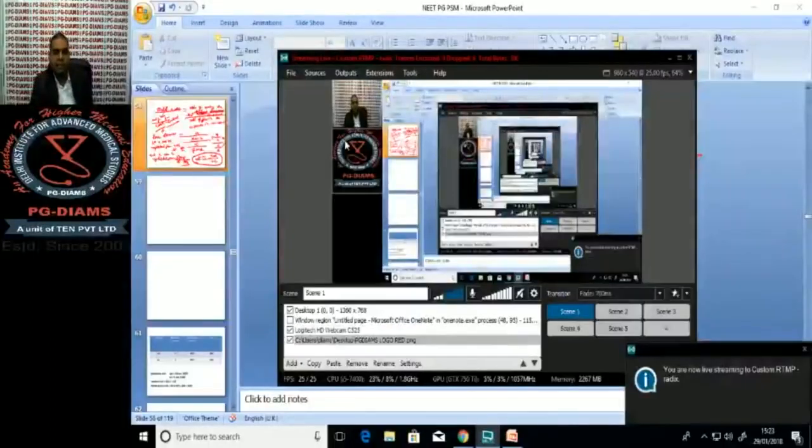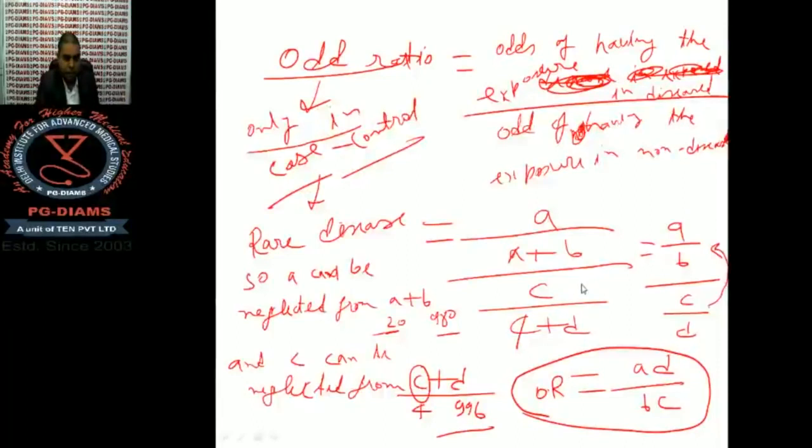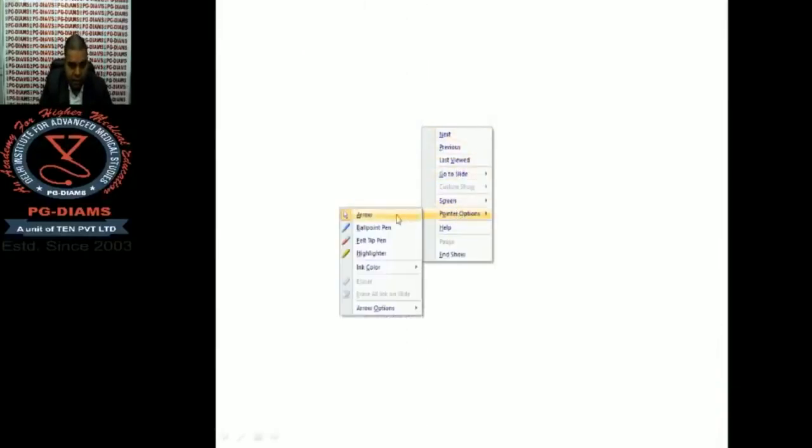So let us understand the concept of attributable risk and population attributable risk. Okay, we understand what relative risk and odds ratio mean. Now, what is attributable risk?